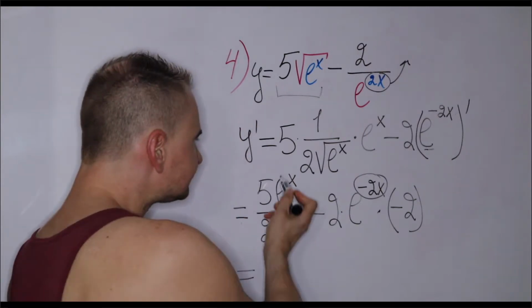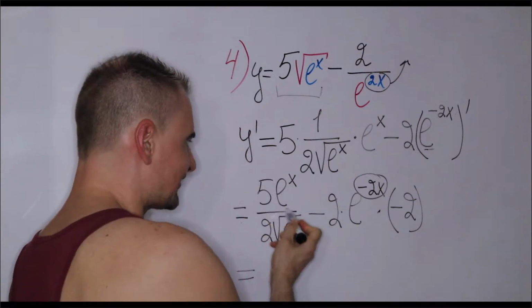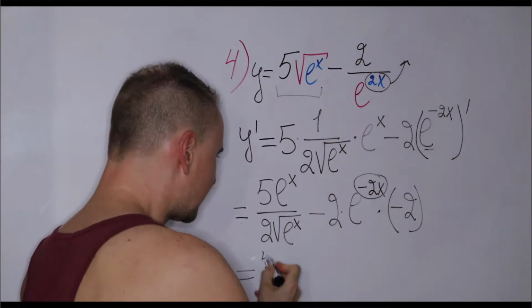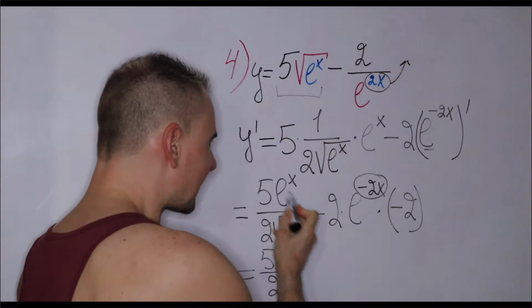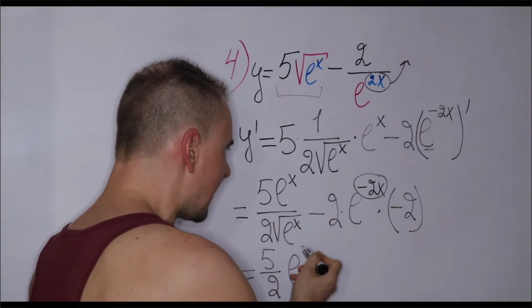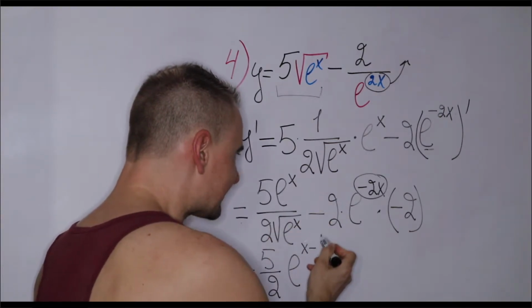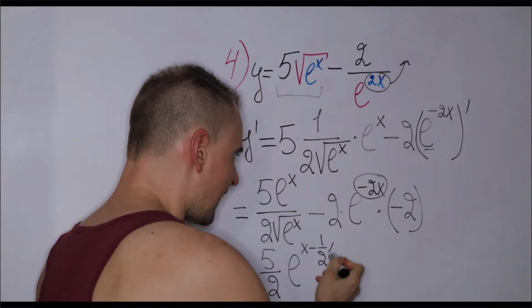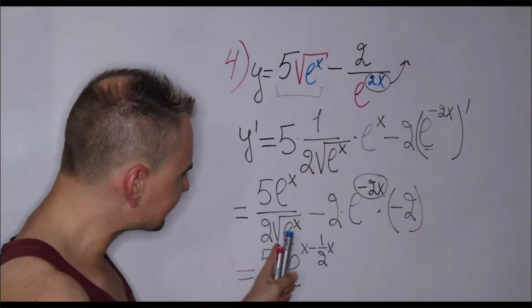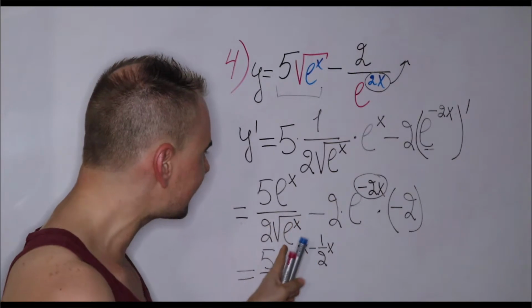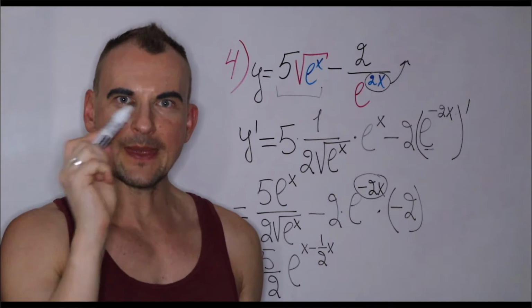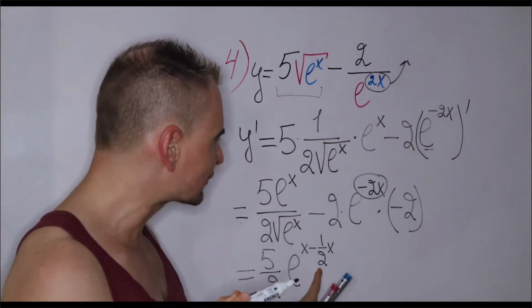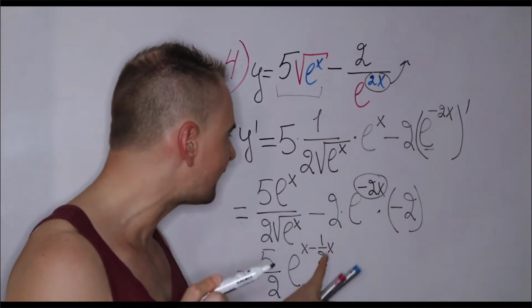And when you divide the same base, you want to keep this coefficient in front first of all, and you want to subtract the power, so basically x minus a half of x. Again, since the square root of e to the x is the same thing as e to the x raised to a half power, and the half gets multiplied by x, you end up getting just a half x.